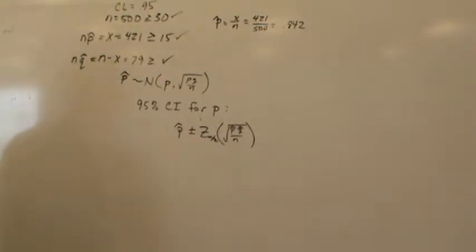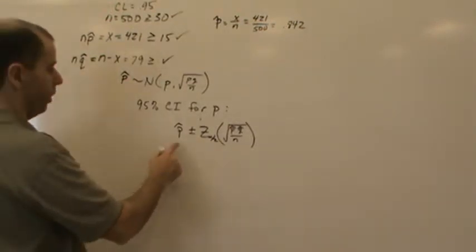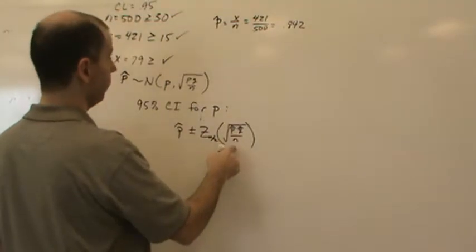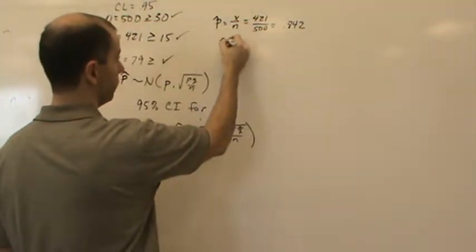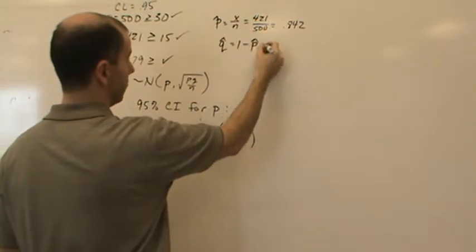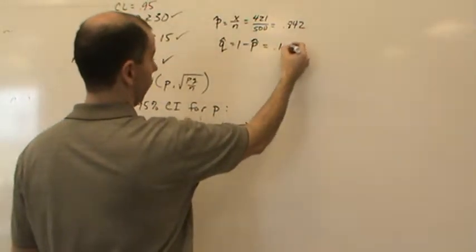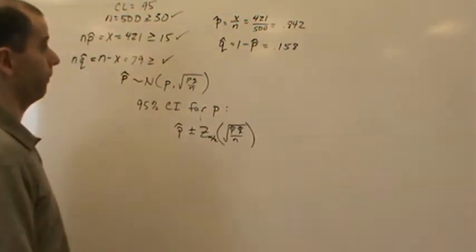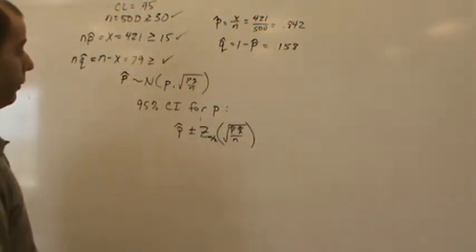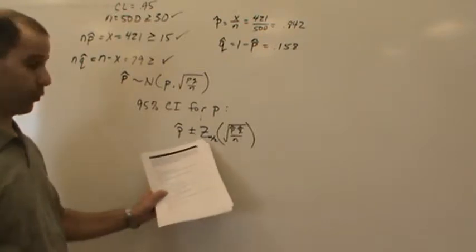So now we've got this piece. Now we've got n, we've got p hat, so that means q hat we have. So q hat, remember, is just 1 minus p hat. So that's just going to be 0.158. And so now we've got everything to plug and chug except for our z-score.